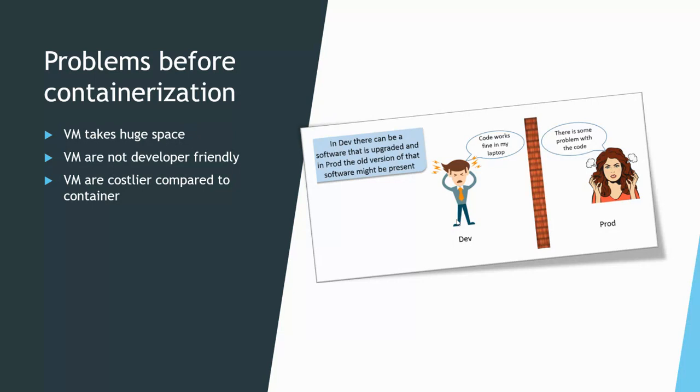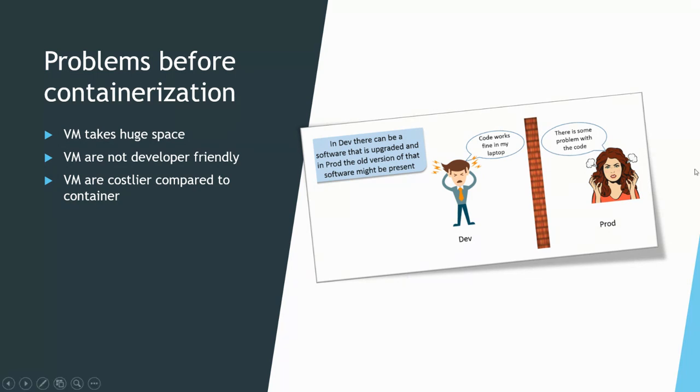So, I might have shown this example in previous classes. Anyhow, I will explain it again. Before containers came into the picture, when people deployed the application straight away in a virtual machine, the developer would write code and feel everything is working fine on his local laptop.